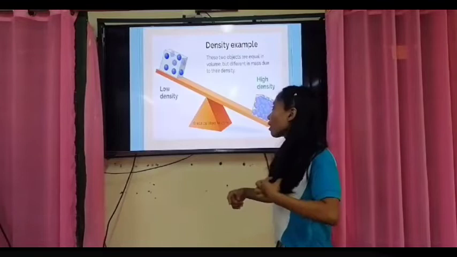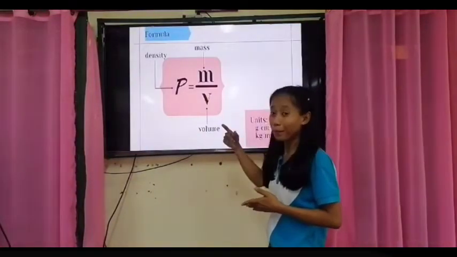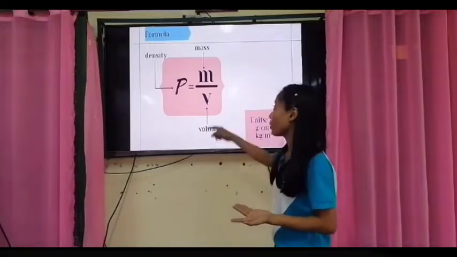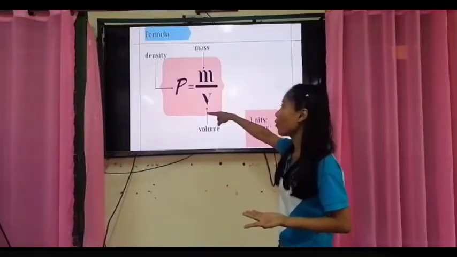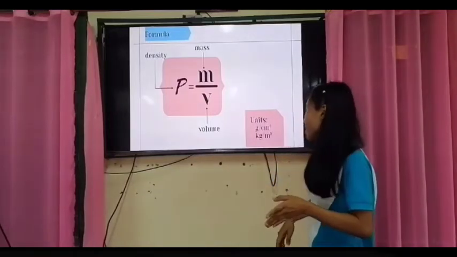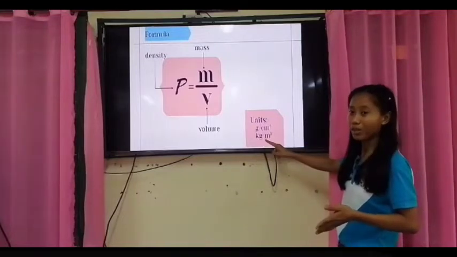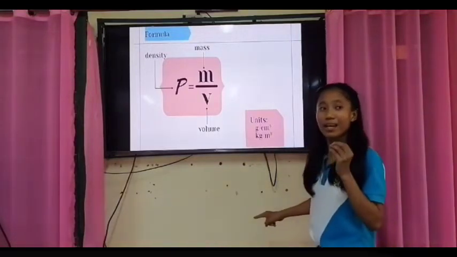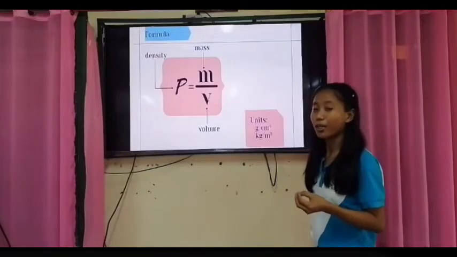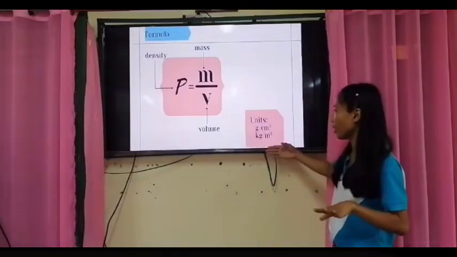So we use the letter ρ, or we read it as rho, equal to the mass over the volume. Remember the units for the density. Mass density is gram per cubic centimeter or gram per cubic meter. The basic SI unit for the density is the kilogram per cubic meter.